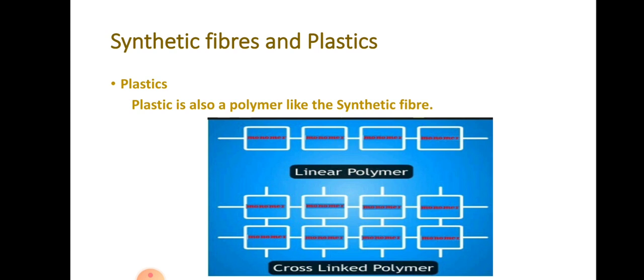And the next one is the cross-linked arrangement, cross-linked polymers. In this one the monomers are arranged in cross links also, in a crosswise manner also they are arranged. So this is called the cross-linked polymer, and this arrangement is called the cross-link arrangement.